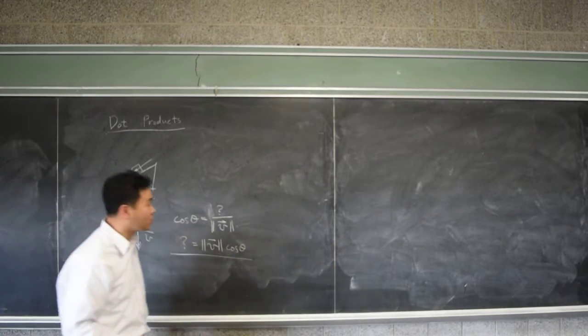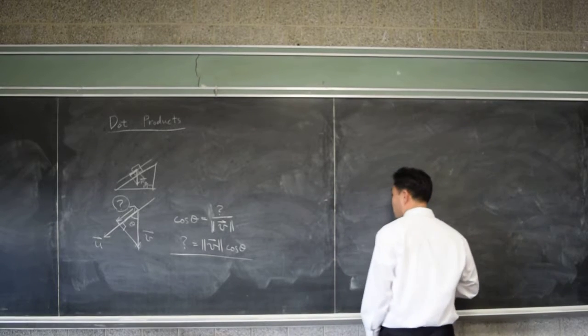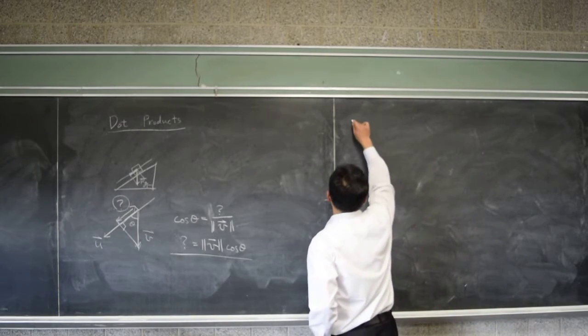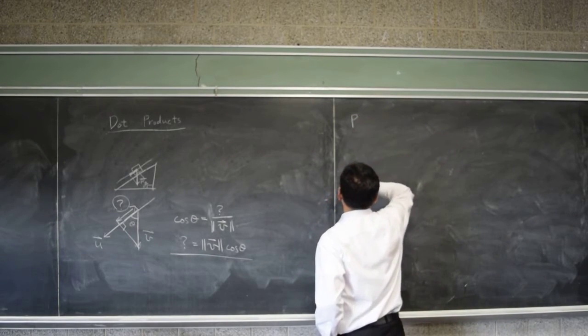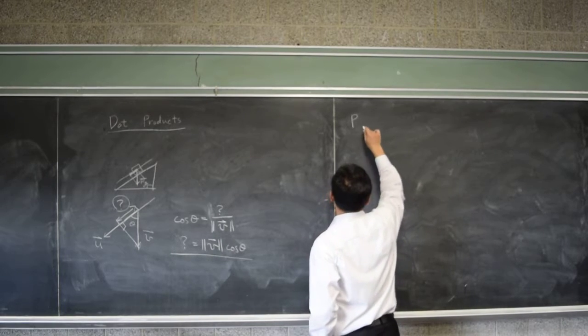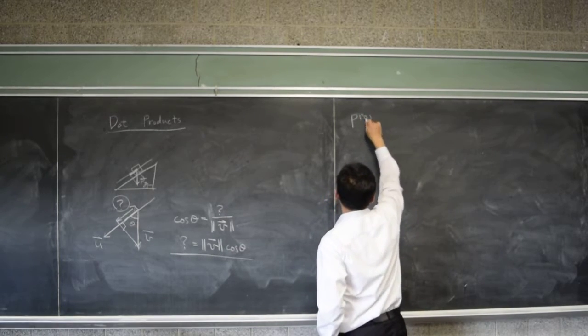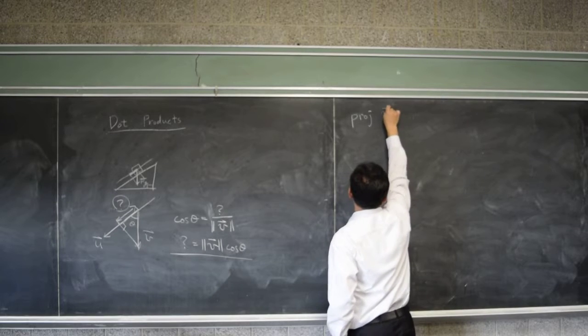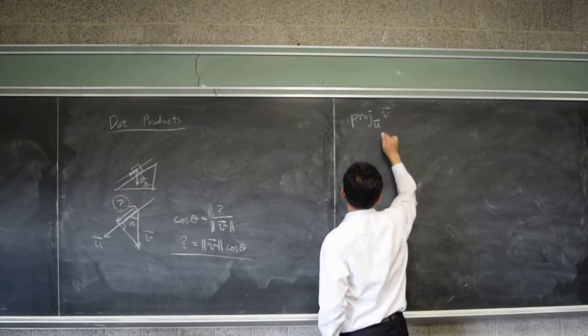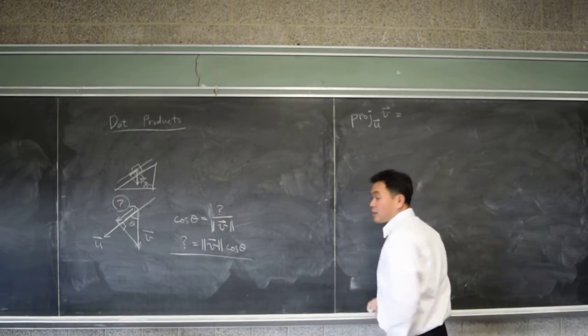You can write that as a formula. So here's the first formula that we're going to use for dot products. The projection of V onto U is defined as follows.